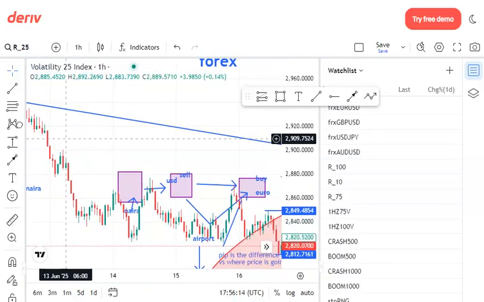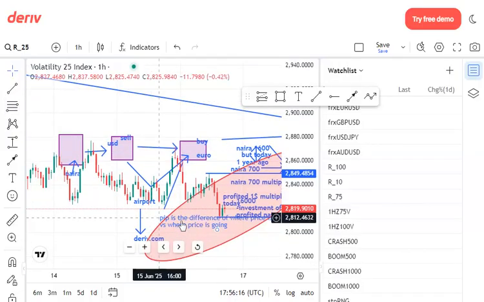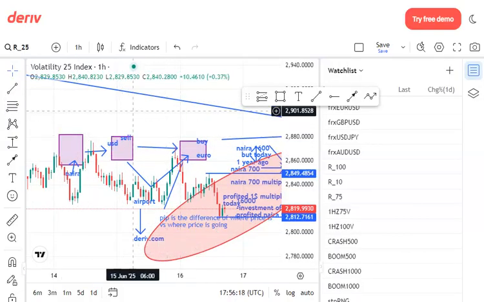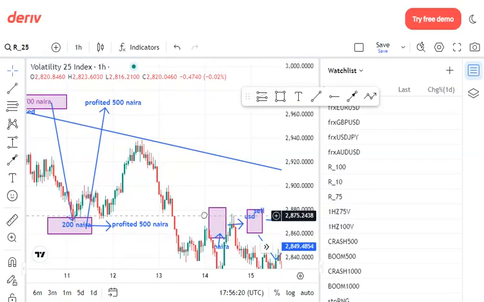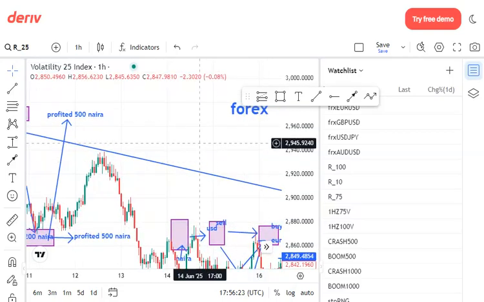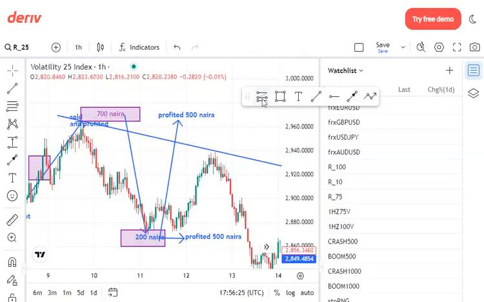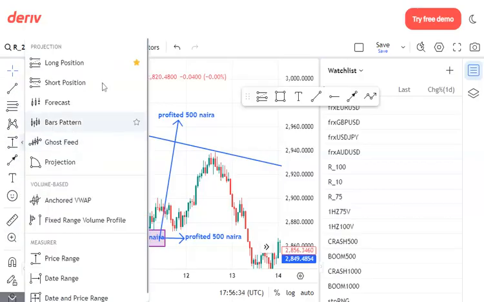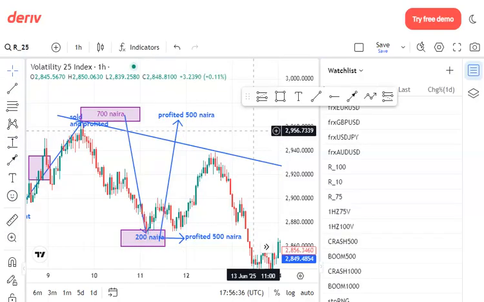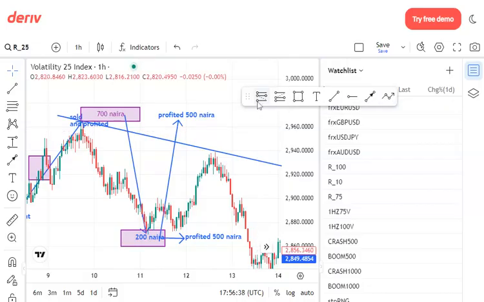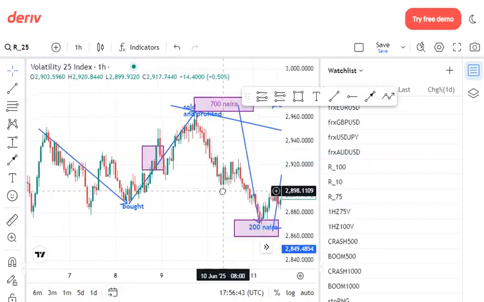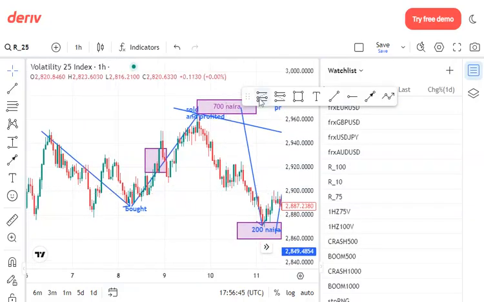I talked about pips, and I explained forex. You see this tool over here is what we use to basically predict the market, and because the financial market involves risk, buying and selling carries risk.